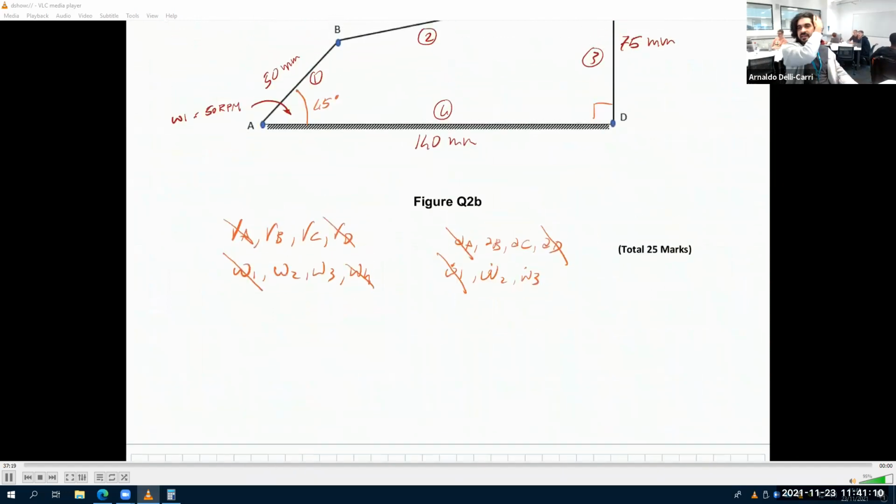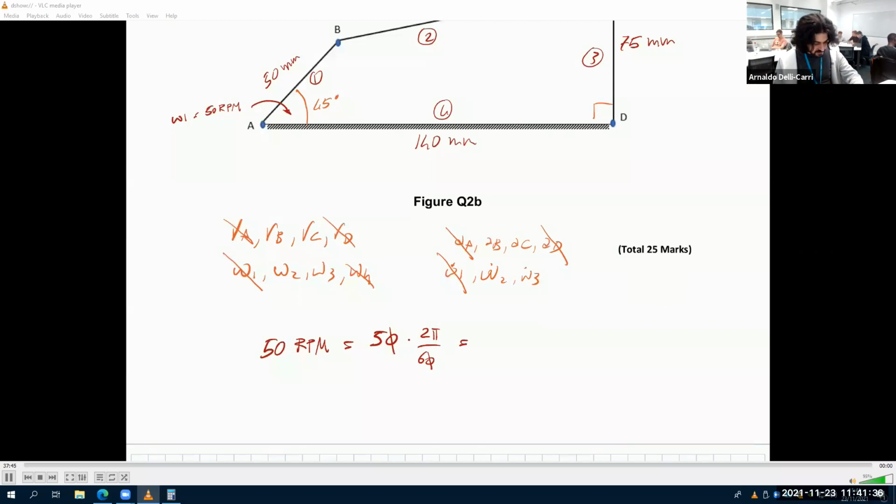So how many radians per second are 50 RPM? 50 RPM is equal to 50 times 2 pi divided by 60. 50 divided by 60 is 5 over 6.